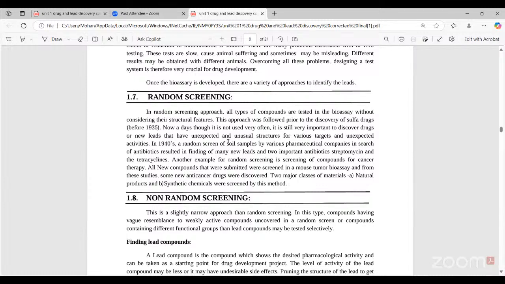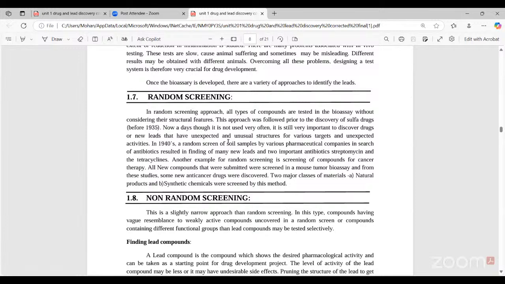led to two important antibiotics, streptomycin and the tetracyclines, which were invented by random screening. Pharmaceutical companies screening for such antibiotics found many new leads. Another example of random screening is with compounds for cancer therapy.